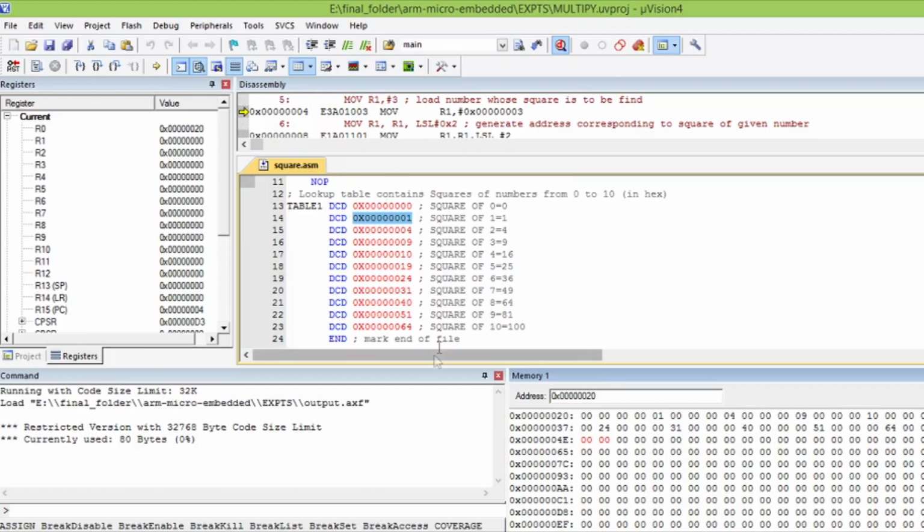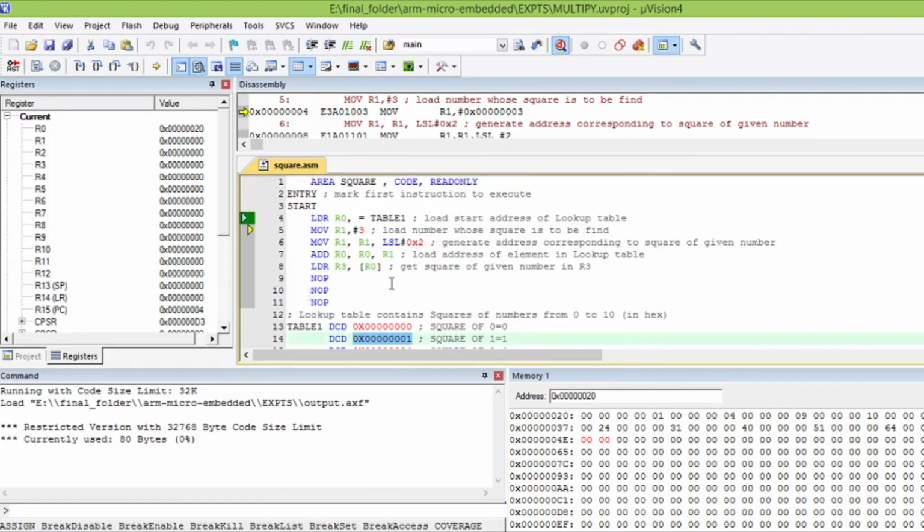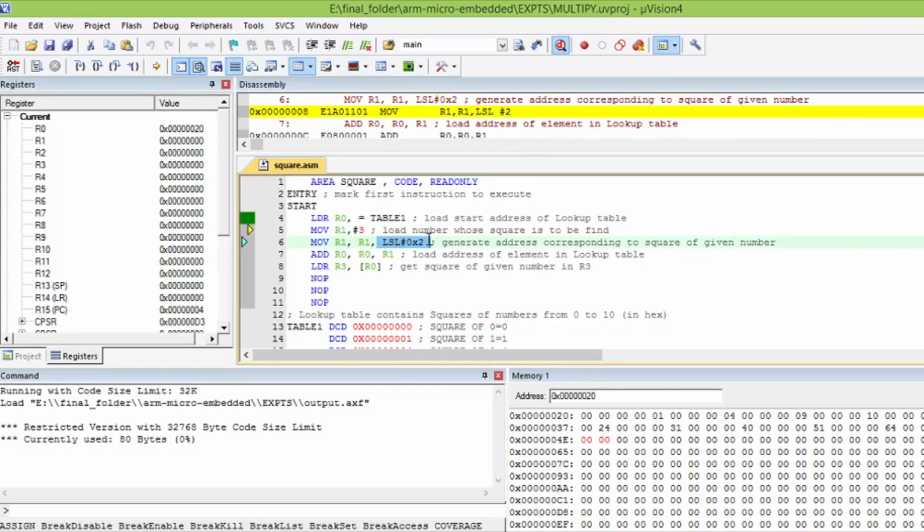Okay, so don't get confused. The initial 4 locations are here. This is the square of 0, square of 1, square of 2, square of 3, and so on. And now I think you can understand why are we doing this particular logical shift left.